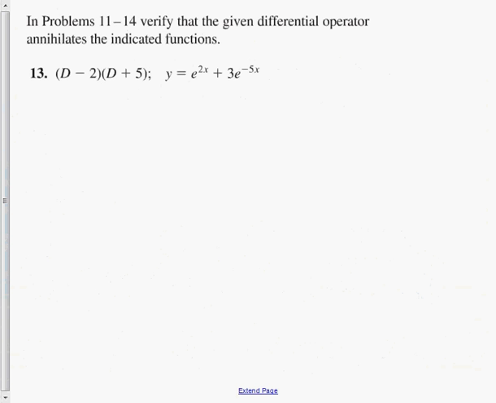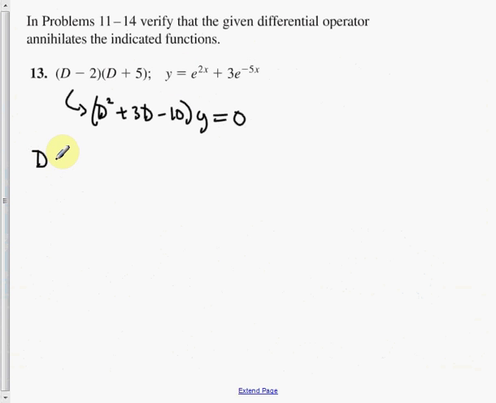Verify that the given differential operator annihilates the indicated functions. So if you simplify this, this is just D squared plus 3D minus 10, all applied to y, is supposed to give us 0. So what we need is to find D squared on y.